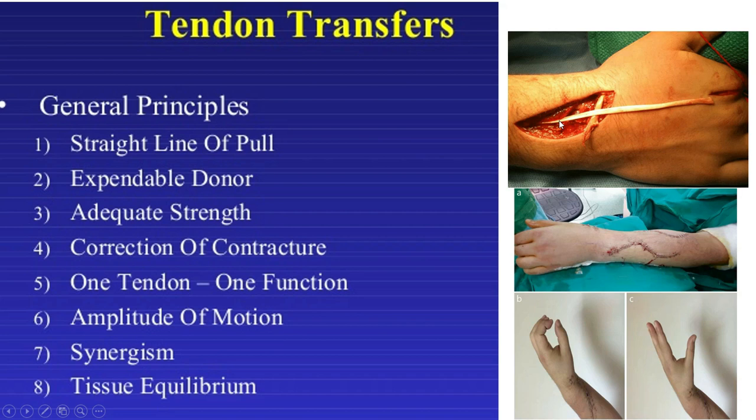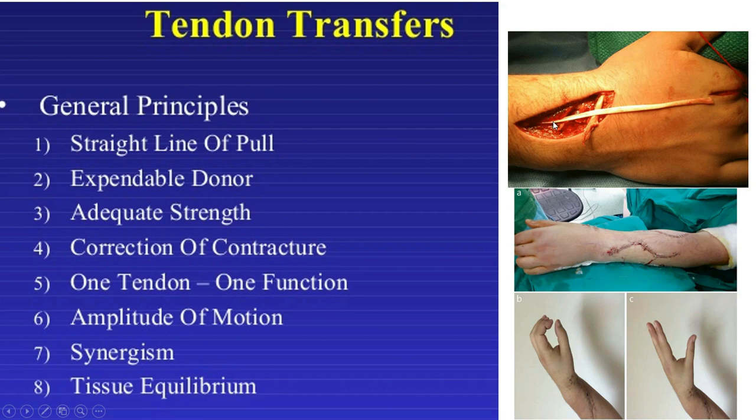So for anti-gravity we will need at least grade 3 power, MRC 3. Now if the muscle power is already 4, then after the transfer it will come down to 3.